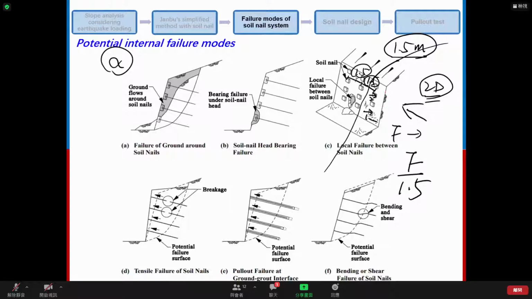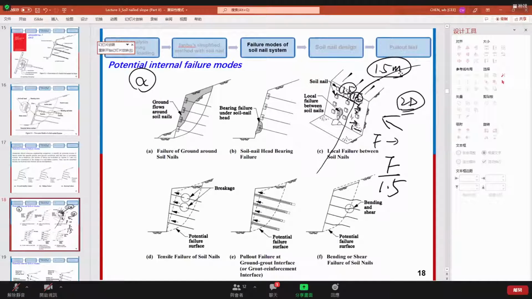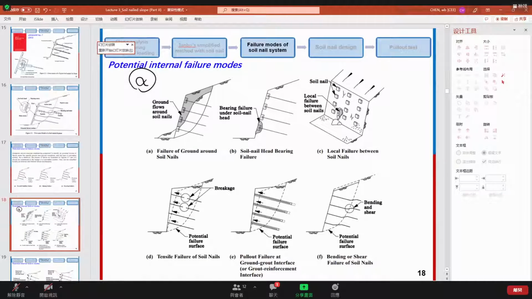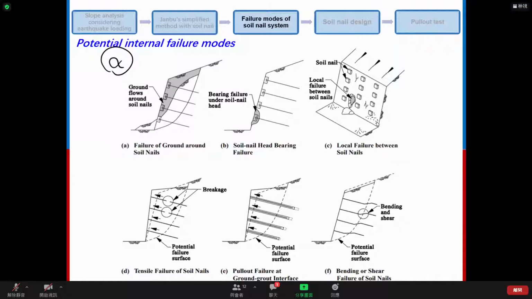But in the real condition, the problem is no longer a 2D problem. It will be a 3D problem, right? So we normally look from this direction, then we get the cross section. It's 2D.